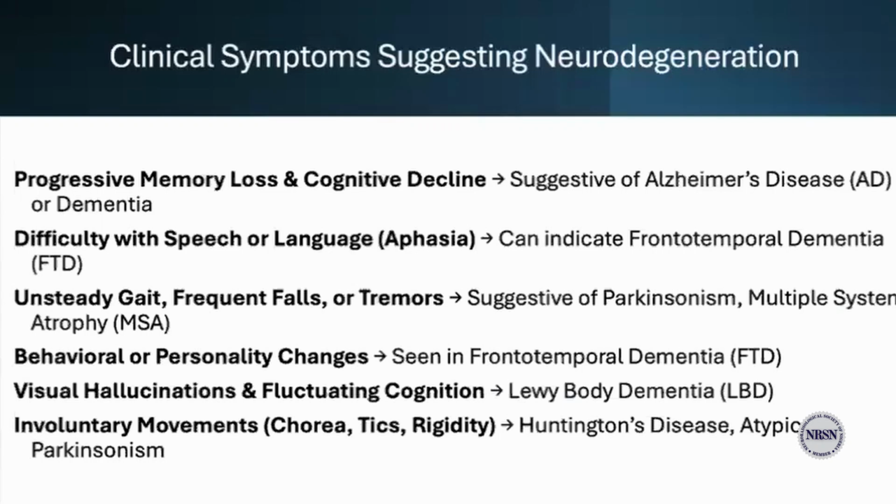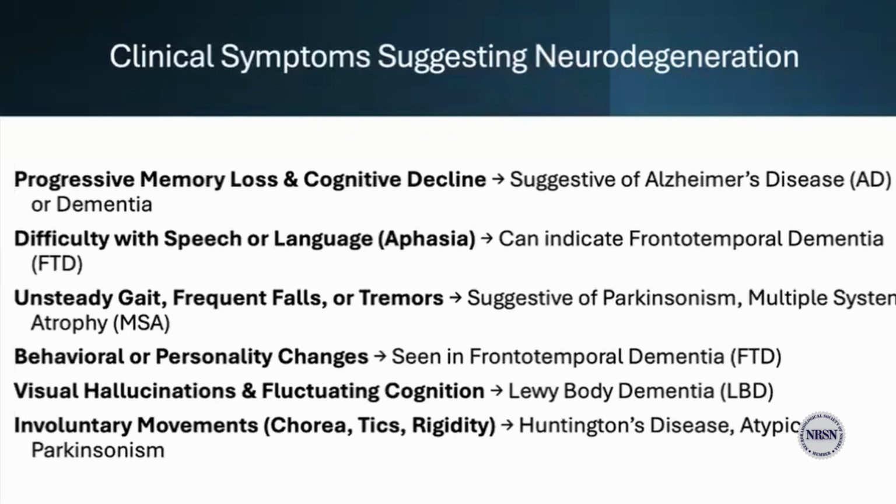So when evaluating patients with suspected neurodegenerative conditions, it's important to recognize the specific clinical patterns that may guide our imaging approach. For instance, progressive memory loss or cognitive decline often point towards Alzheimer's disease or other forms of dementia. On the other hand, language difficulties or aphasia may suggest FTD, frontotemporal dementia. Gait instability, frequent falls or tremors can raise concern for Parkinsonism or multiple system atrophy.